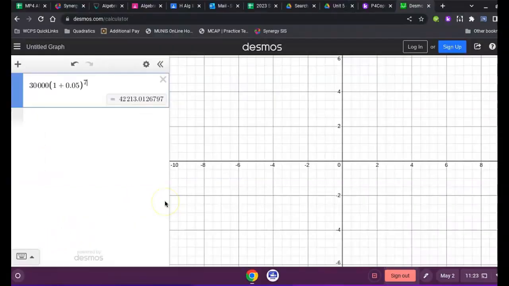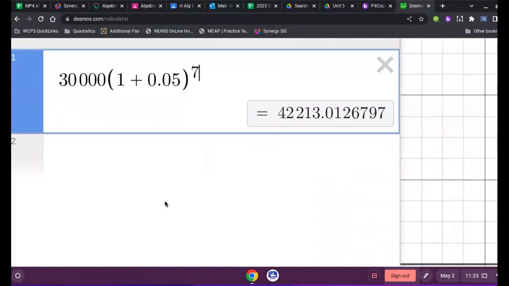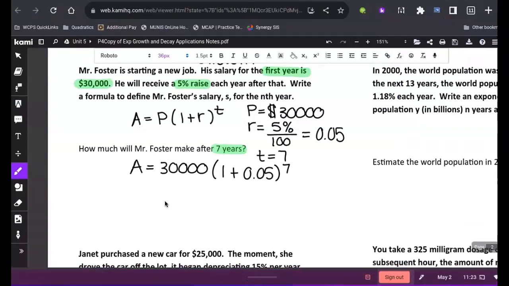All right, so I type this into Desmos. We have 30,000 times 1 plus 0.05 to the 7th power. So our total amount is $42,213.01. Because this 2 would not round the 1 up, it would stay the same. So we're going to go ahead and record our A, our total amount.